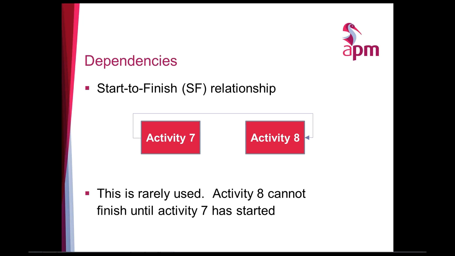What we're saying is we can't actually stop the duty pump until the standby pump has been started. It's difficult to imagine that you would actually plan in this level of detail. It does exist, but it's not very common, and I think really it should be avoided.